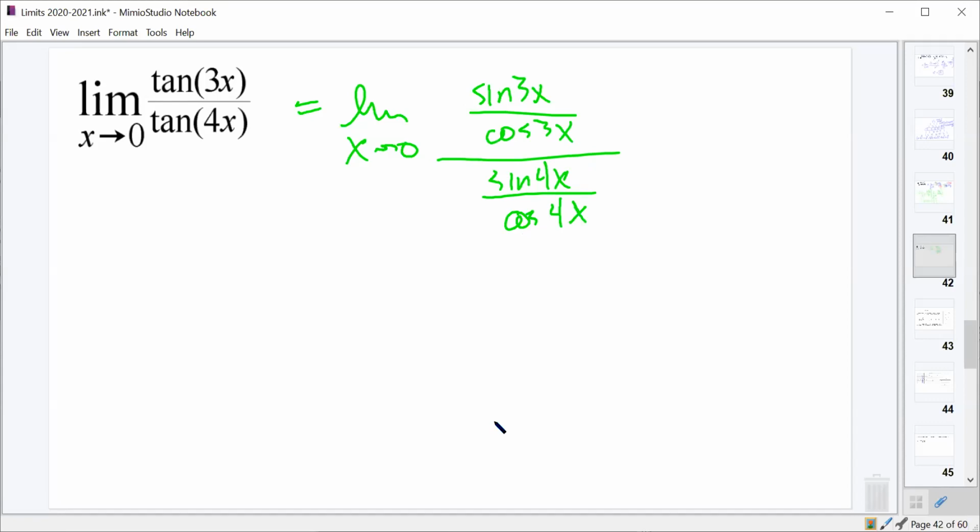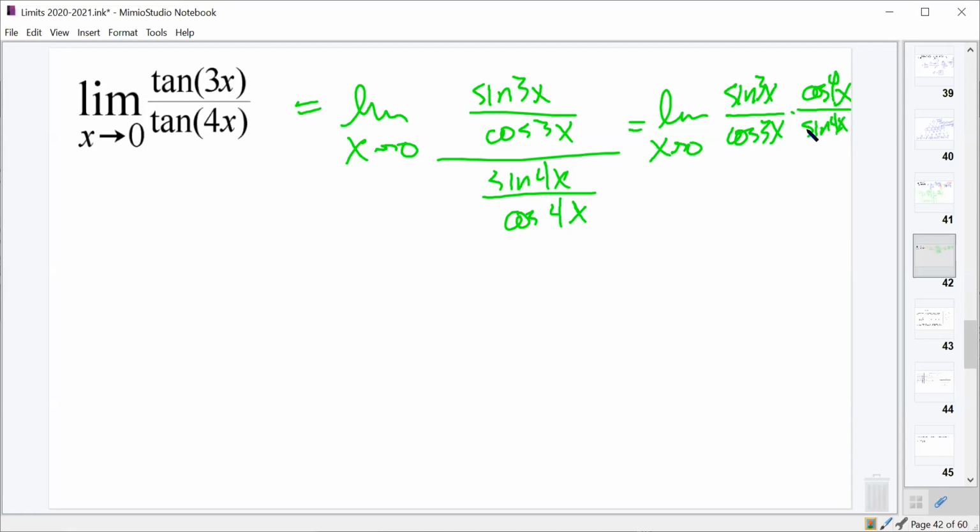I don't really like having a fraction divided by another fraction. Could I rewrite this as a limit as x approaches 0 of sine 3x over cosine 3x times cosine 4x over sine 4x? Yeah.